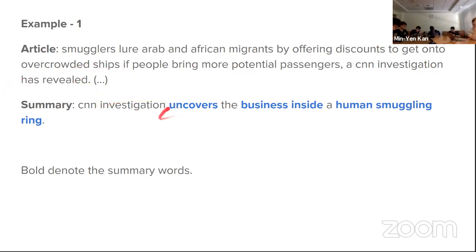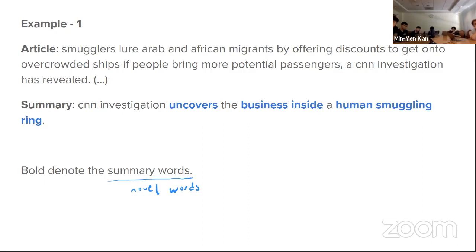And the summary is able to create out of vocabulary words and new n-grams. So it goes: CNN investigation uncovers the business inside a human smuggling ring. So it's quite successful, although they only include 2 examples in the paper.